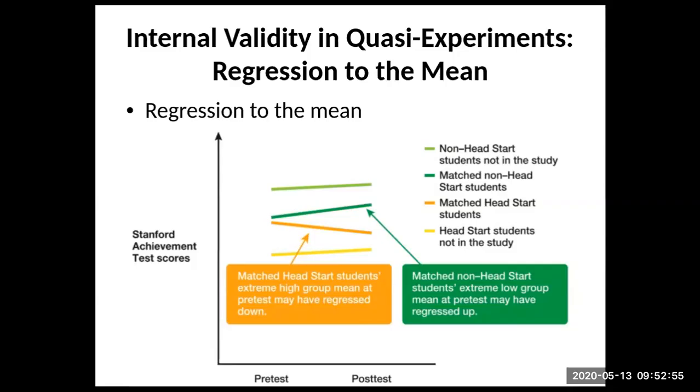And the differences could be due to those regressions. If you're getting really high scores from Head Start students, it might be that they just excelled in one area more than the others, and they might regress back to the mean. For the students in the non-Head Start program in regular preschools, they may be extremely low group means that are matched up with the others, and so they may score higher in subsequent tests, or they may have regressed up, as you can see. So that's another potential internal validity threat here in the Head Start study.